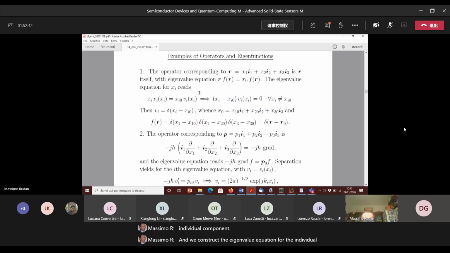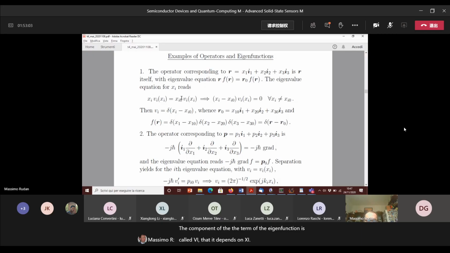So in this line, you can see that the component of index i of position is x_i, the component of the eigenfunction is called v_i, that depends only on x_i.